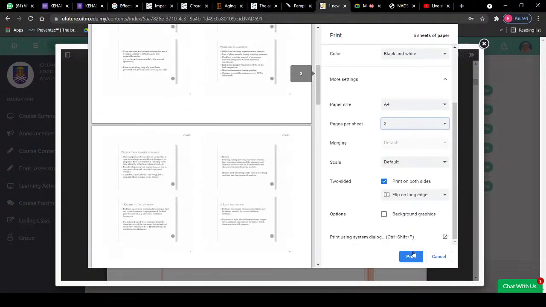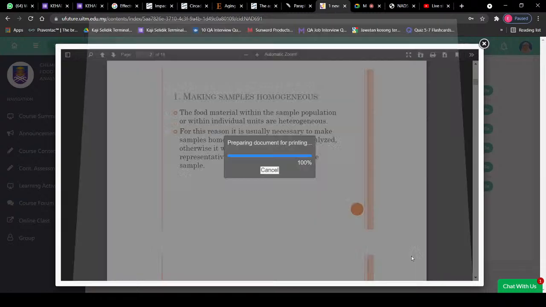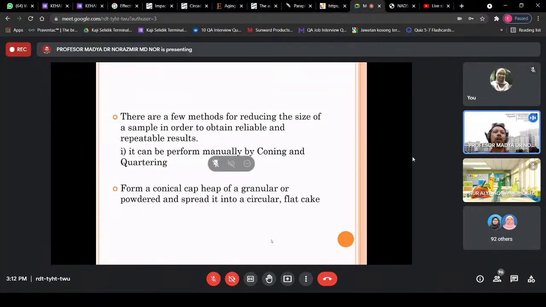Okay, there are a few methods for reducing the size. We can perform it manually by the coning and quartering technique. So how does coning and quartering take place?